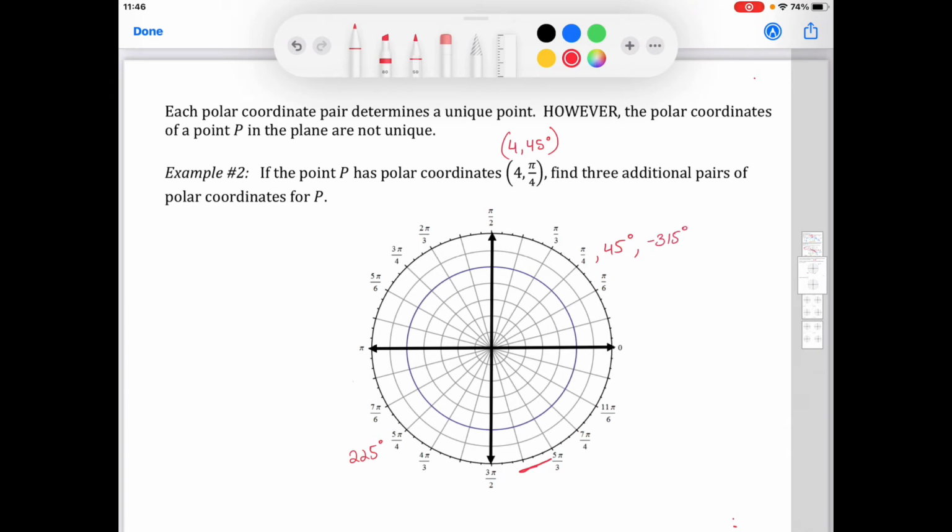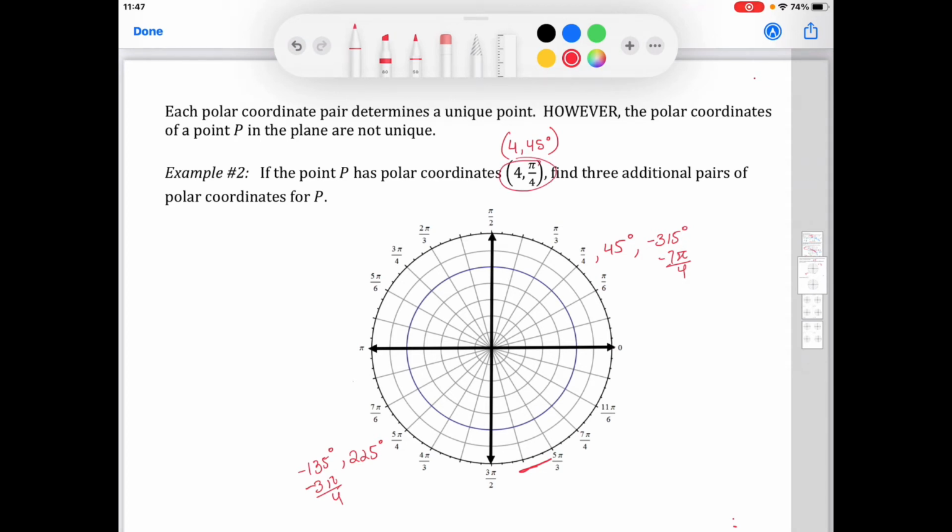Isn't 45 degrees same thing as negative 315 degrees? Similarly, 225 is same thing as negative 135 degrees, or I would say negative 3 pi over 4, and this is negative 7 pi over 4. Right, so I just wanted to write out the angles in radians for all those negative angles also.